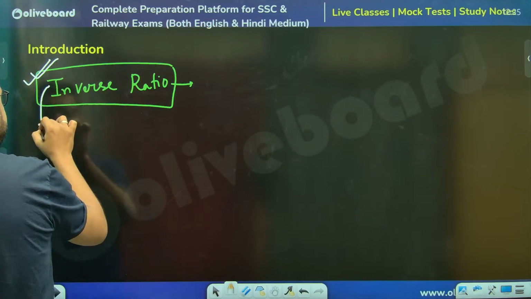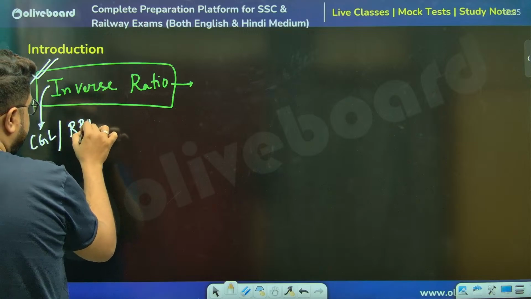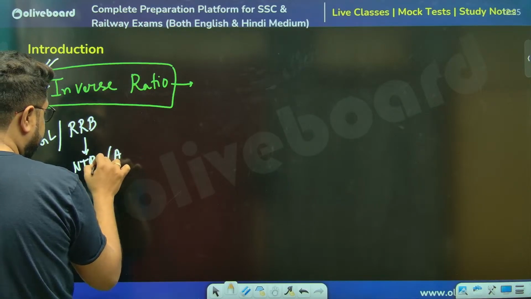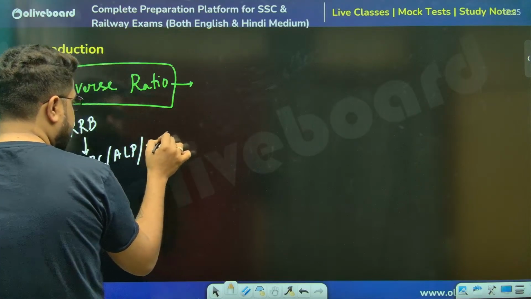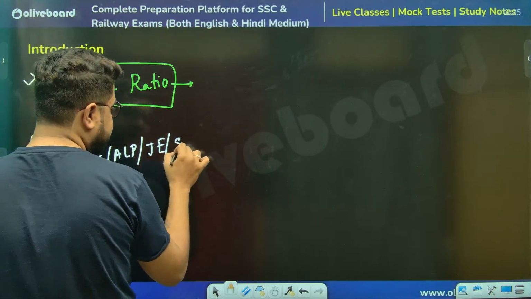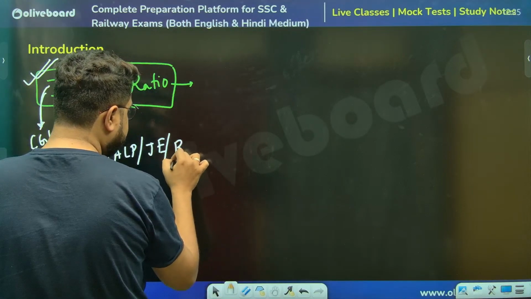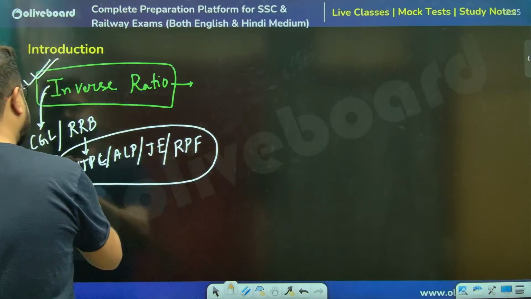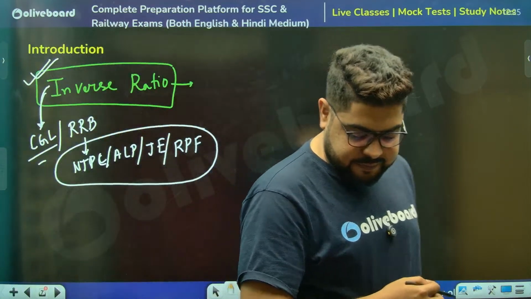Not only CGL, whether you go for RRB NTPC, ALP, JE, SI exams, or RPF exams, these exams have a weird tendency of asking questions directly from here.